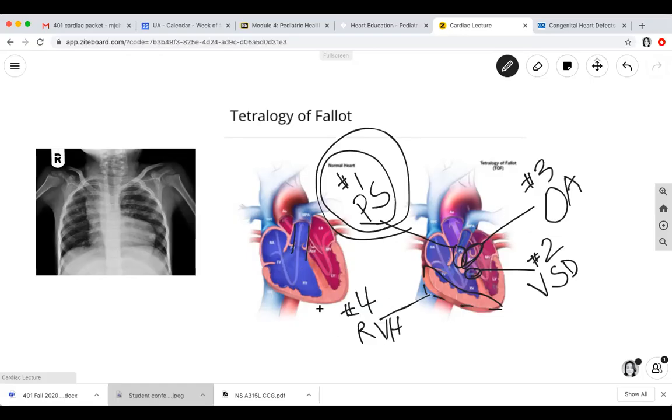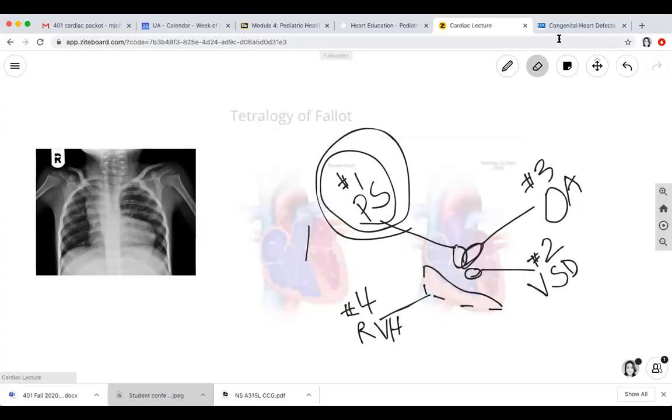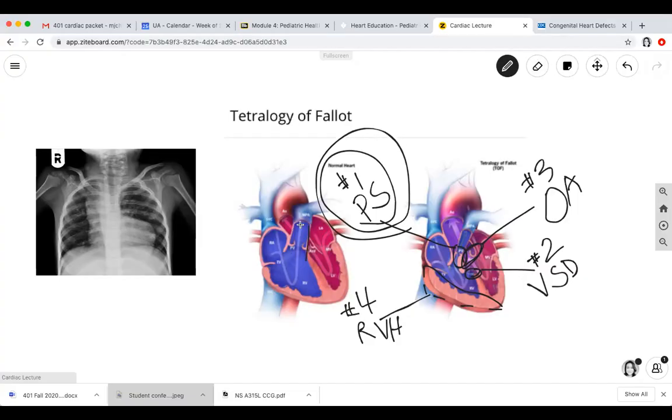But let's say you have a very, very, very severe form. A very, very severe form of this disease is actually an atretic vessel or a pulmonary atresia. So it's completely closed.